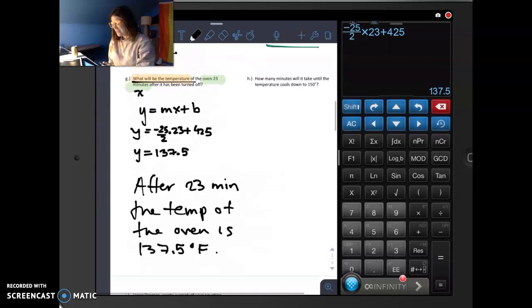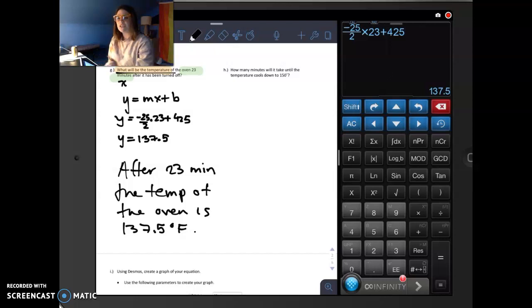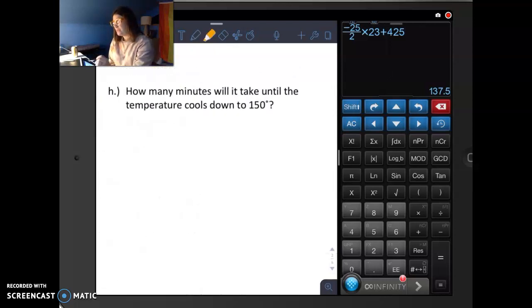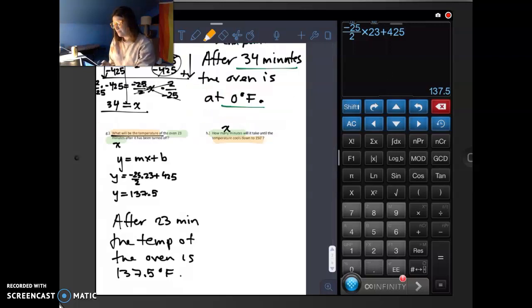Great. All right. So let's answer another question that has the same format, but it gives you the opposite information. So this says how many minutes, so we're trying to solve for x, will it take until the temperature cools to 150 degrees in the oven?